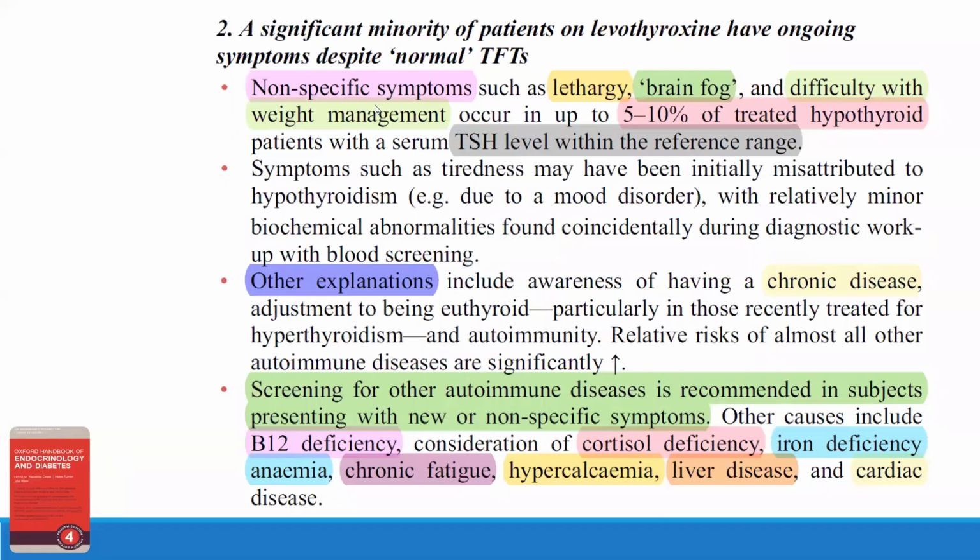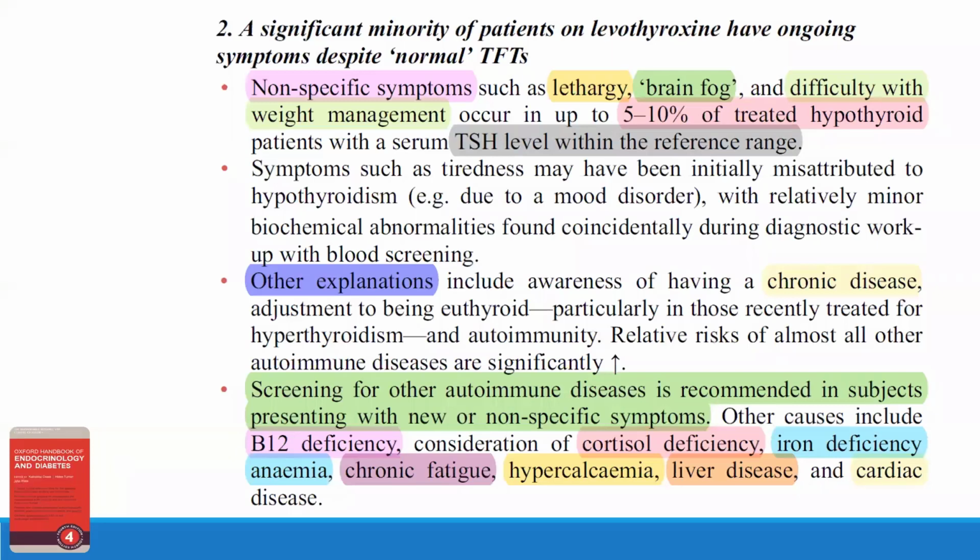A significant minority of patients on levothyroxine have ongoing symptoms despite normal TSH and thyroid function tests. These are non-specific symptoms like lethargy, brain fog, and difficulty in weight management, occurring in up to 5 to 10% of treated hypothyroidism. The explanation is mainly chronic disease or autoimmunity, as I mentioned previously, or another autoimmune disease, like vitamin B12 deficiency, cortisol deficiency, iron deficiency anemia, chronic fatigue syndrome, hypercalcemia, liver disease, or cardiac disease.